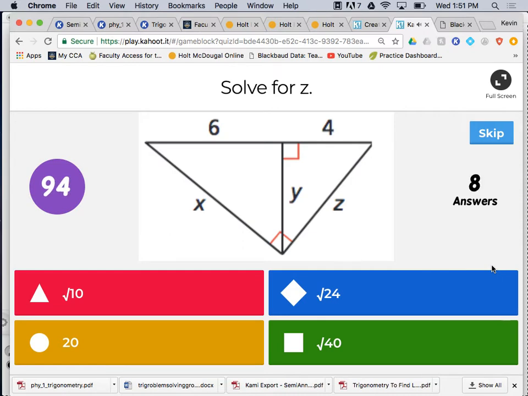Okay. So look, this side length is equal to the geometric mean of this line segment and the hypotenuse. What's the length of the hypotenuse? 10. So the geometric mean of 4 and 10 is the square root of 4 times 10, which is the square root of 40.